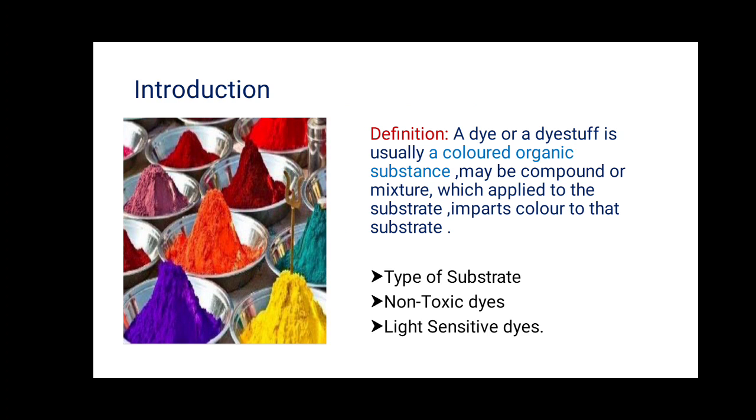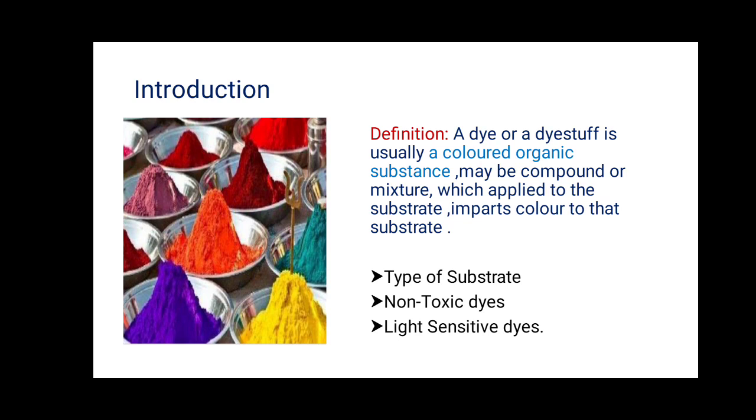Let's move on. What is a dye? A dye or dyestuff is usually a colored organic substance. It is not only an organic substance, it is a colored organic substance, it may be a compound or a mixture, which is applied to a substrate and imparts color to that substrate.